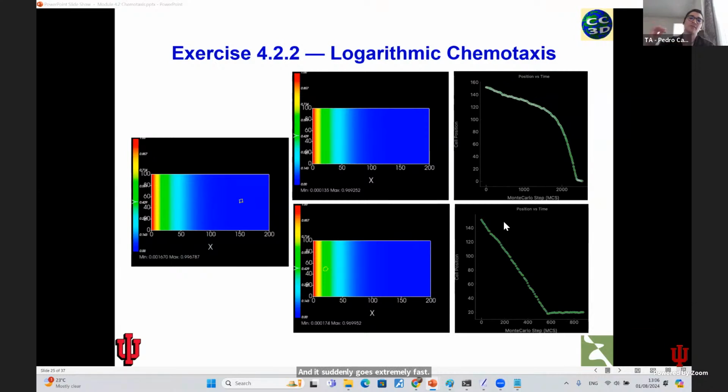While when you regulate by the concentration value, the cell smoothly crosses the exponential field with roughly the same speed.